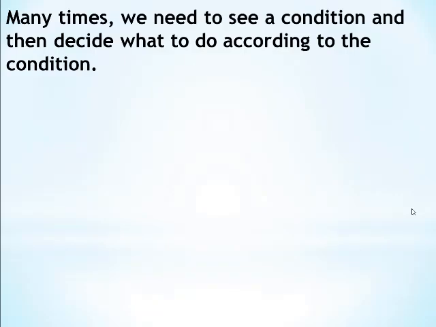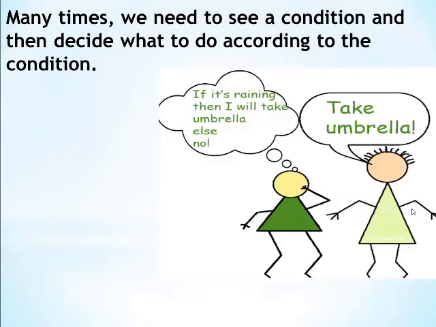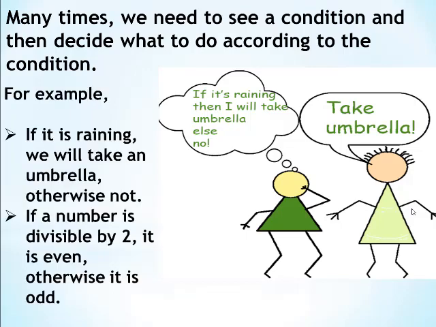To place a condition and then decide what to do and what not to do, we use the if-else statement. Like, if it is raining, I will take an umbrella, otherwise I will not. This is a situation which depends on a condition, whether it is raining or not.